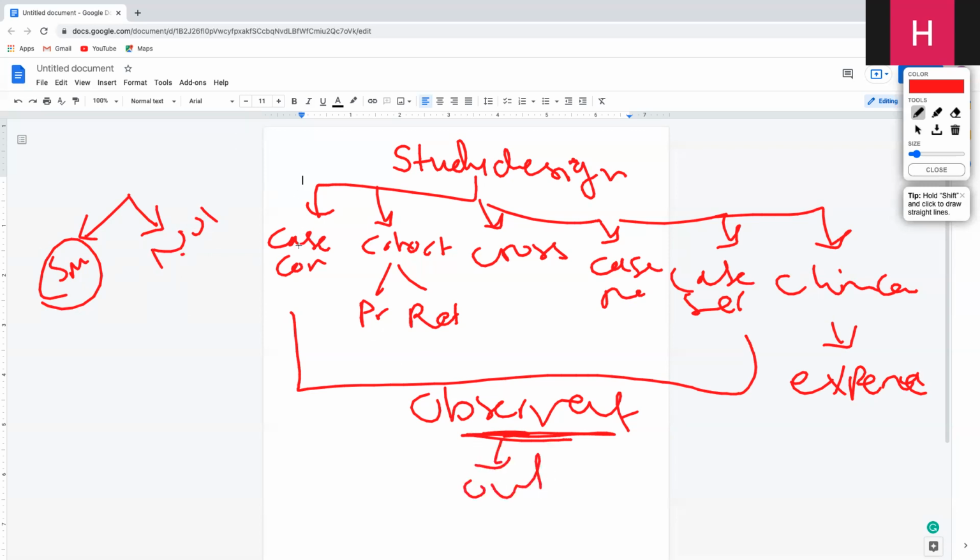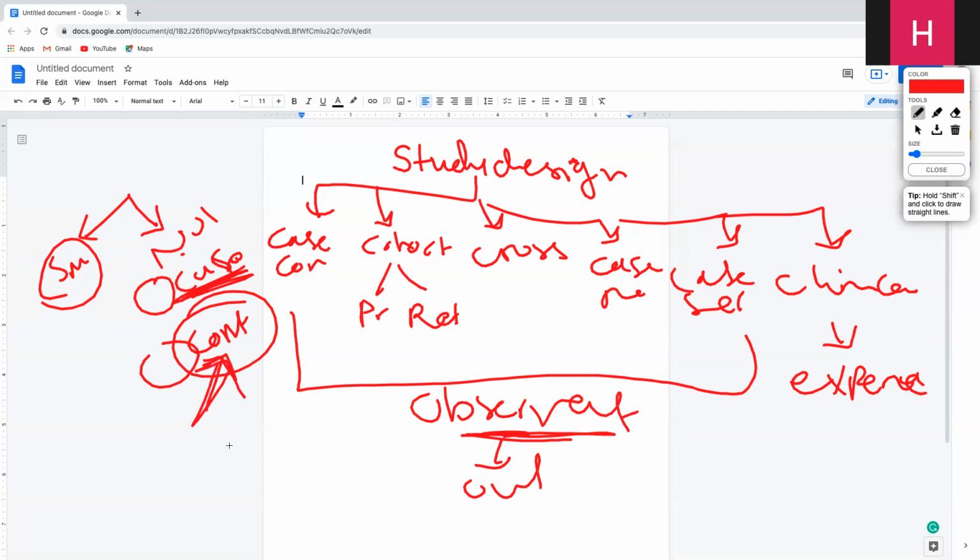In the case control, we said, same thing, you have the disease status. So you divide people into cases and controls. And sometimes they ask you the question, how do you assign the control? What is the definition of control?